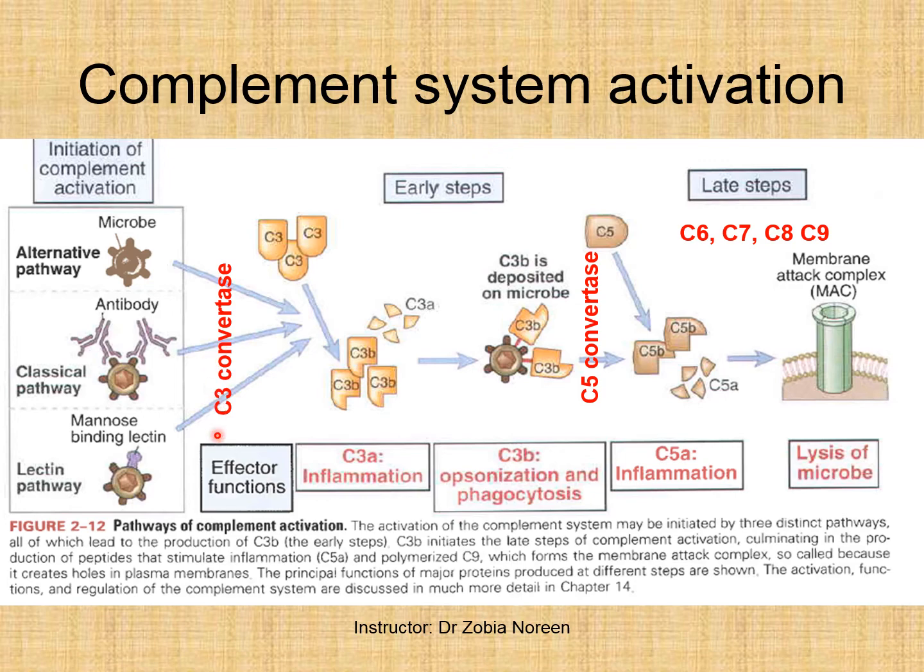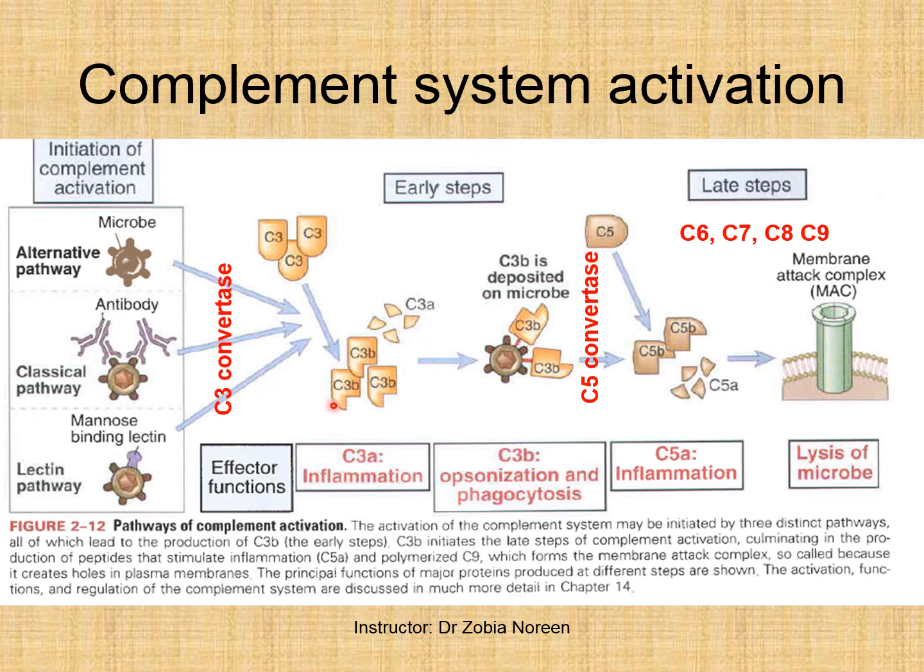One such complex is called C3 convertase, which is produced by any of these activation pathways. This C3 convertase has the ability to cleave C3 into two subunits called C3b and C3a. The smaller subunit, C3a, is released and stimulates inflammation by acting as a chemoattractant to neutrophils.